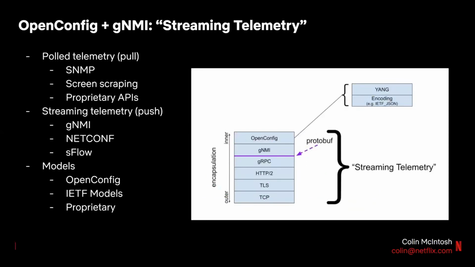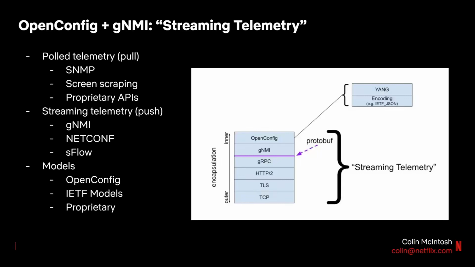At Netflix, gnmi is the protocol for streaming telemetry that we have chosen to focus on and feel best suits our needs. But there are others too. You may also be familiar with netconf, which provides some support for streaming telemetry. Or you may be familiar with sflow, which is another streaming telemetry protocol that streams flow data from routers. Or even syslog, which uses a similar push-based mechanism.